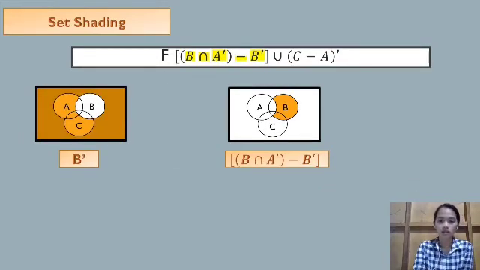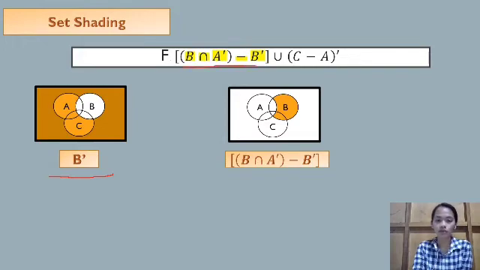The next is B intersection of A prime minus B prime. First, to get the answer, we perform B prime. We look for the shape of B prime. This is B prime. And then now we can perform this problem.